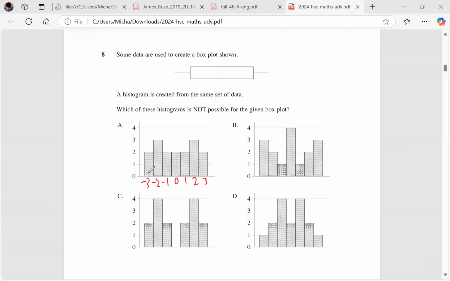You have -3. Is quartile the median? Quartile is defined to be the median of the... Sorry, this noise is super annoying.